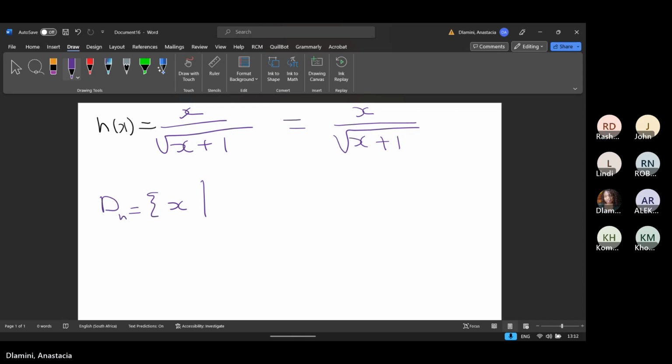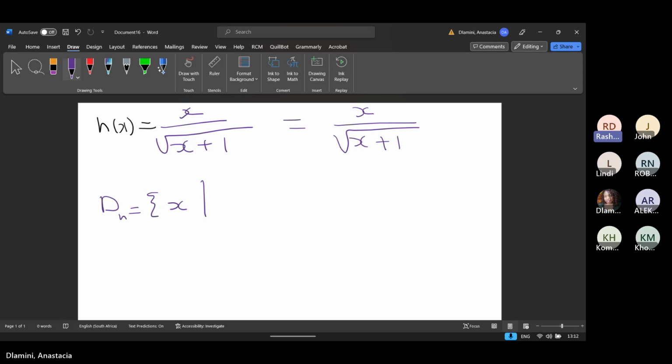x greater than or equal to. Do we include the x plus 1 in the square root? Because anything below the square root must be greater or equal to 0. Good. So what is anything under the square root in this case? x plus 1.